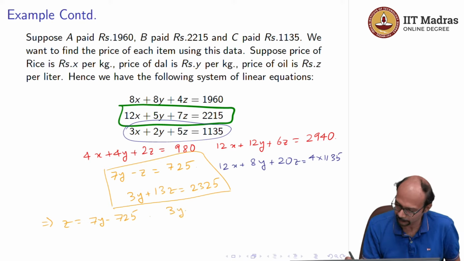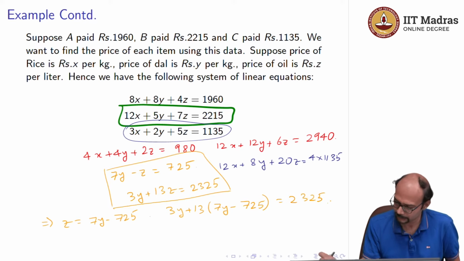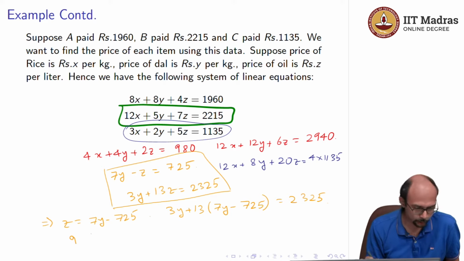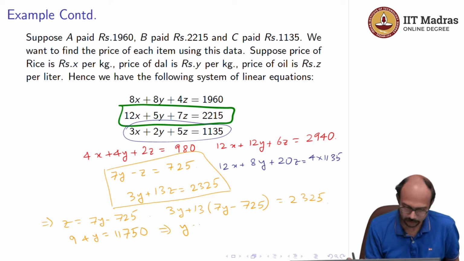We get 3y plus 13 times 7y minus 725 is 2325. If you simplify this, you will get 94 times y is 11,750. So y is 11,750 divided by 94, which is 125.